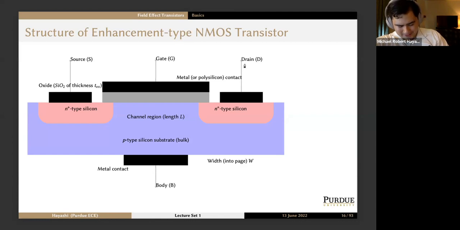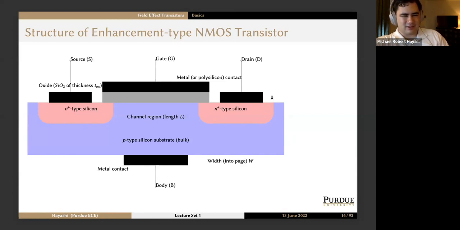But basically, here's an enhancement type MOSFET where we've got this P-type silicon substrate, which is the bulk. We're going to connect a metal terminal in black, and call that metal contact the body. We're going to put an N-type well, heavily doped, so it's N plus type. You should all remember doping from the end of ECE 20001, two polarities of semiconductor.